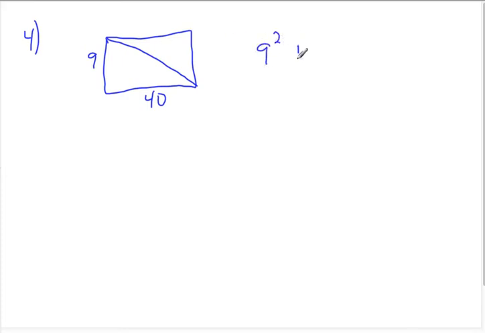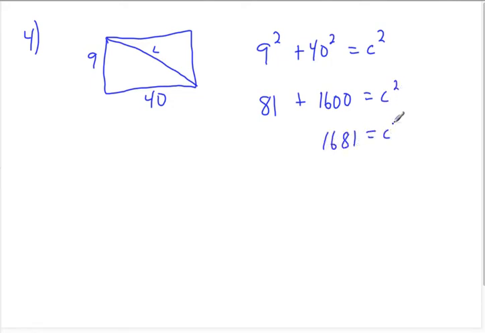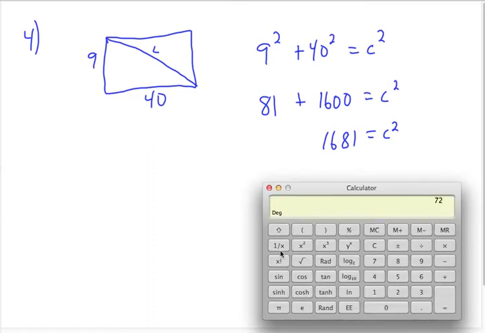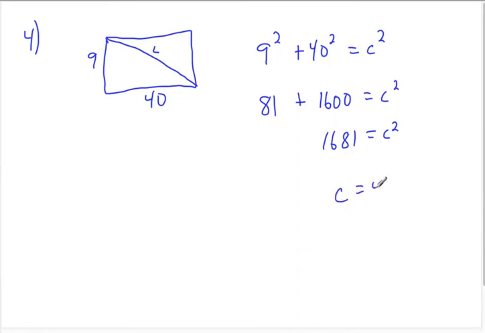So 9 squared plus 40 squared equals the diagonal, which we'll call C. 81 plus 1600 equals C squared, so 1681 equals C squared. What do we think that's going to be? 40, we'll go with 41. Let's see. 41 squared, the square root of 1681 is 41, so C is equal to 41.